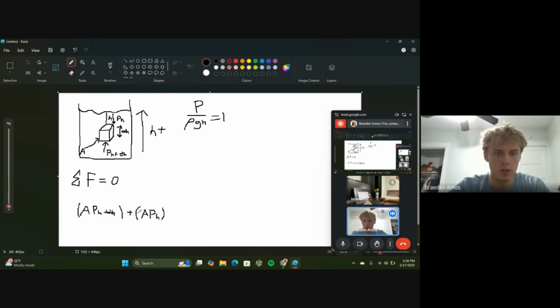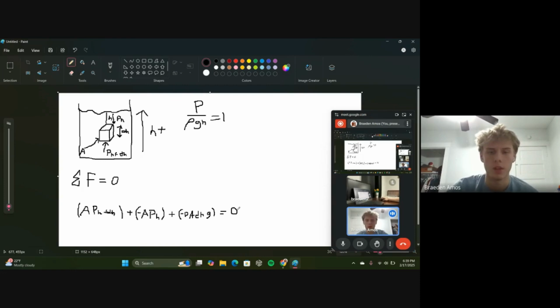This is going to be negative because the arrow is pointing down, the opposite way from what we're calling positive. And then also the mass, which is density times volume, but the volume is just A times dh, and then also the gravitational constant g. This is also negative because this force would be going down as well. This is all equal to 0.